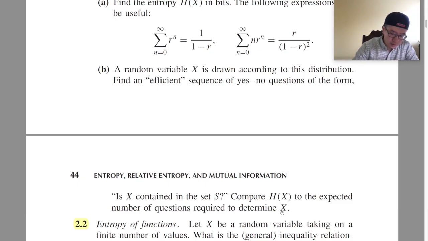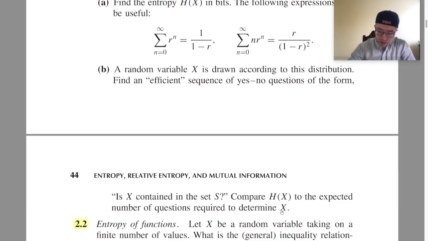So for part B, we ask the most natural kind of question. The questions can be as follows. The first question is: is x equal to 1? Let's denote the number of questions by Q, a random variable that is the number of questions to be asked.